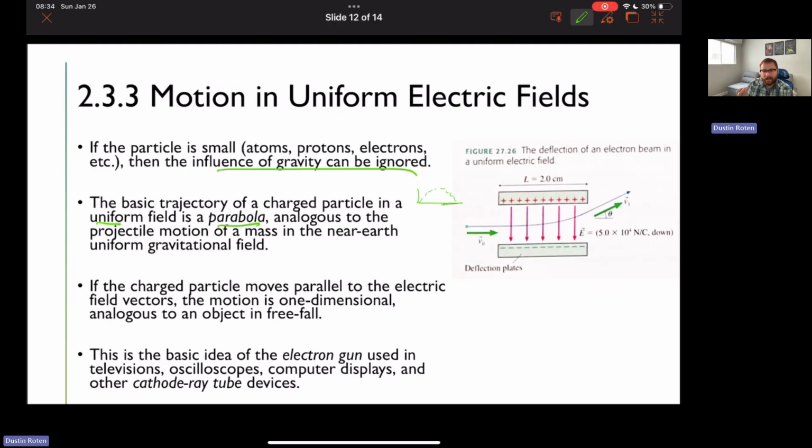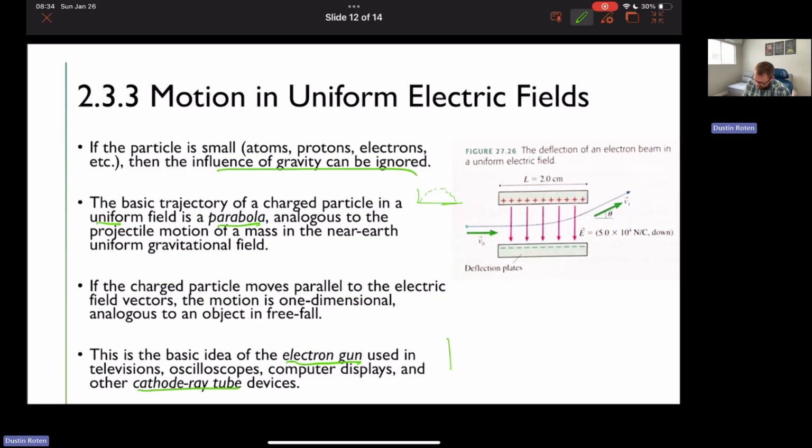And this is actually the basic idea of an electron gun. So an electron gun, back in the day, those big TVs, which some of you may not even remember, or the big white computer monitors, they actually had these cathode ray tube things in them. And what these cathode ray tubes would do is they would actually shoot electrons at the screen, and electrons would be shot at different energies.